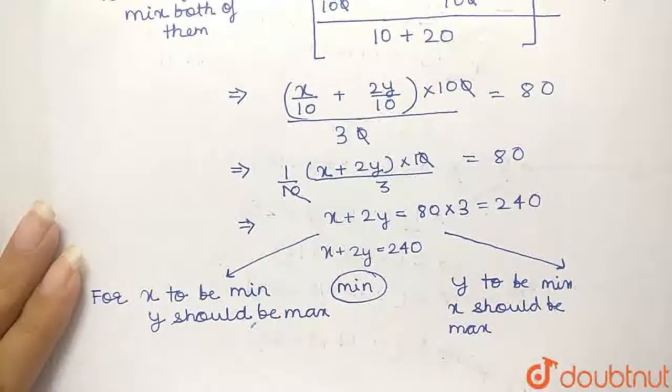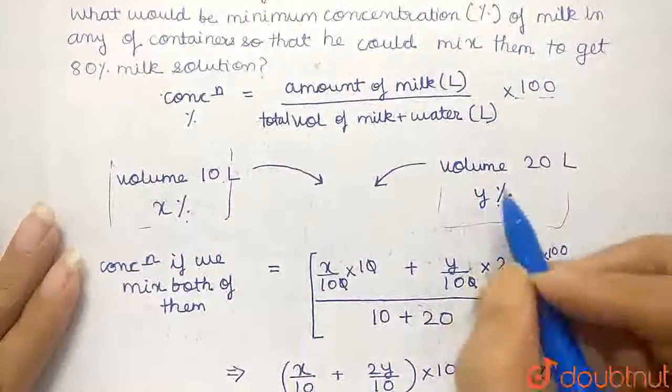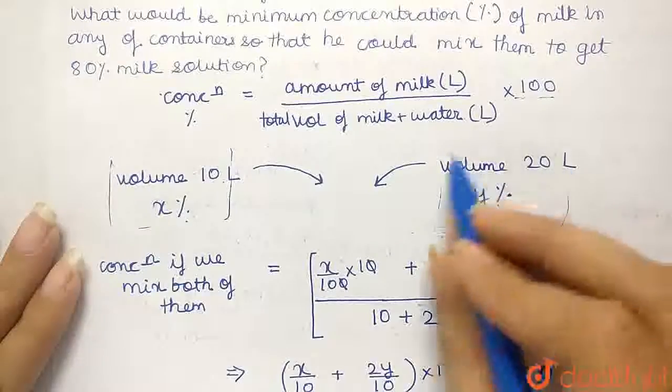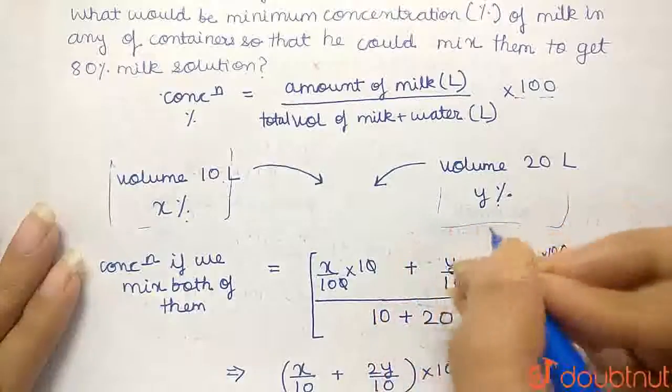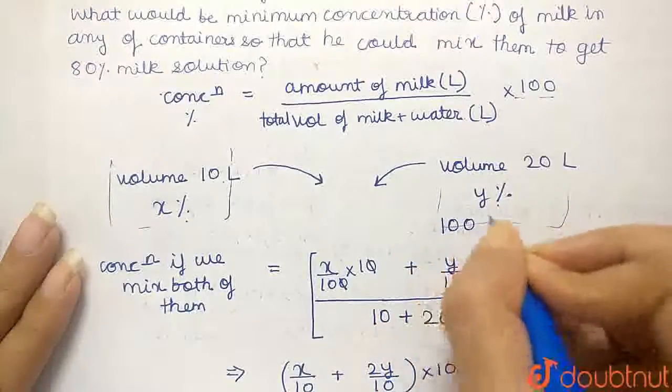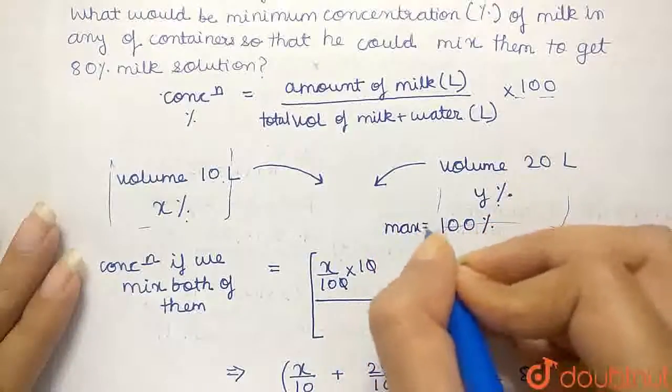Now how can Y be maximum? What is the range of Y? First of all, what was Y? Y was the concentration of milk in the solution of 20 liter. So the maximum value of concentration can be 100%. 100% means pure milk.